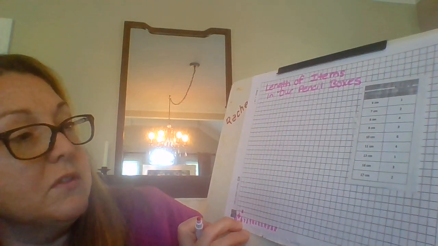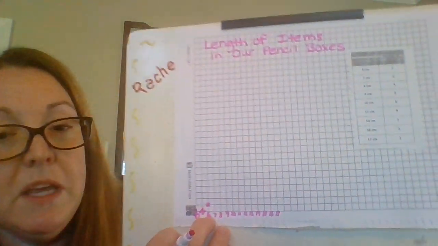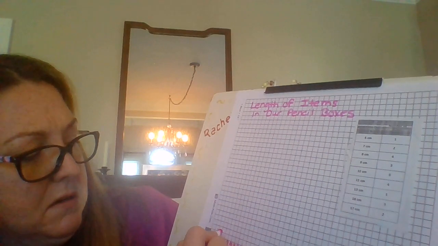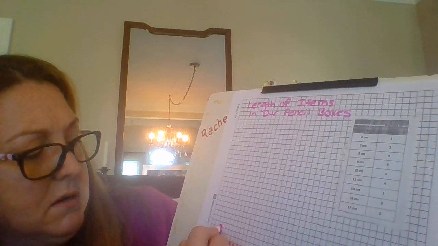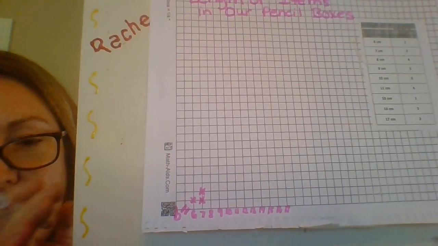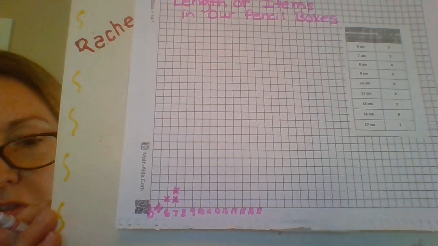So when we have pencils that are 7 centimeters long, how many of those did we have? Look at your table. We had 2. So we're going to come over here to 7, and we're going to go 1, 2. Do you notice how my X's are right there where the 2 lines cross over each other or intersect?